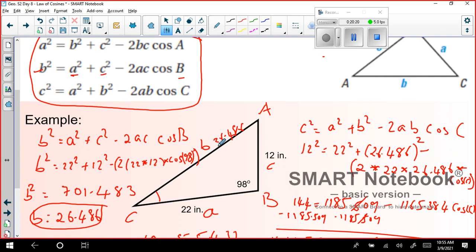Now we can take any of these two sides and find the cos. You can find angle C or angle A; any one angle we need to find.